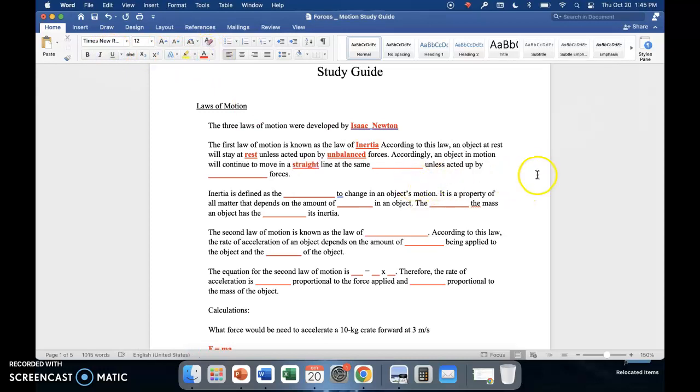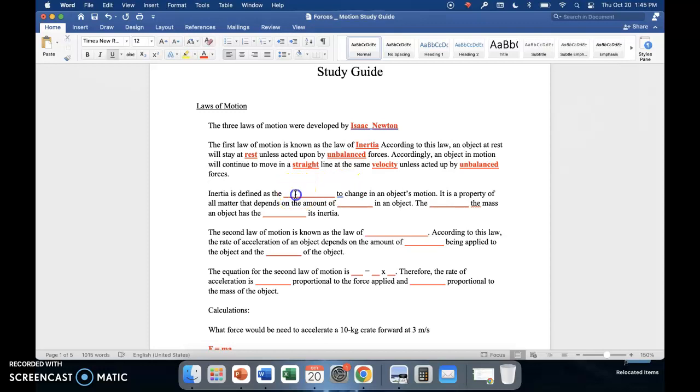It will move in a straight line at the same velocity or same speed, unless acted on again by unbalanced forces. That is our law of inertia. Again, the reason it stays straight is there are no unbalanced forces. There's nothing pushing it left or right. It will remain at the same speed while it is doing that in the same direction.